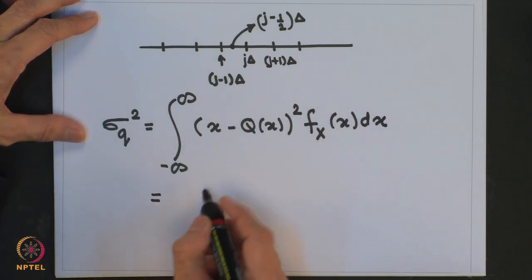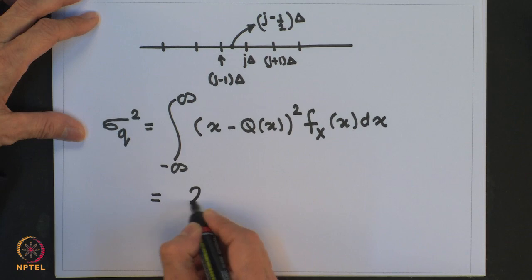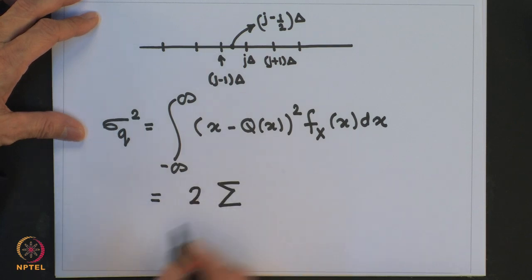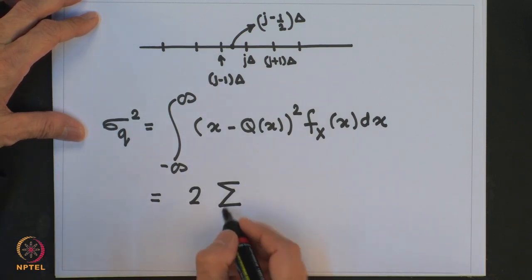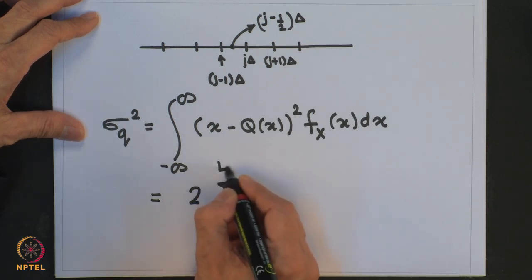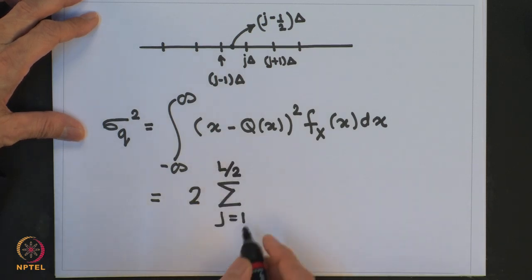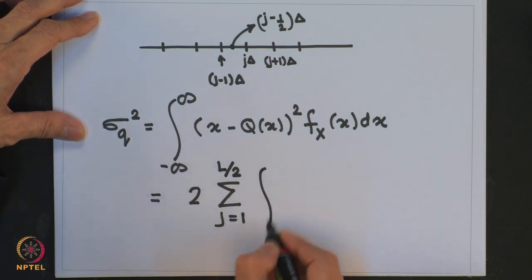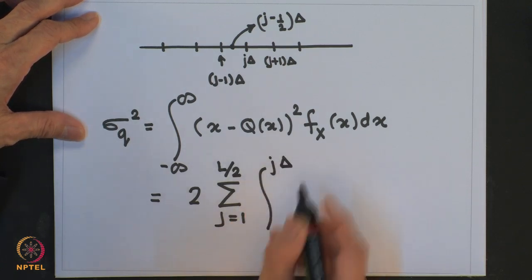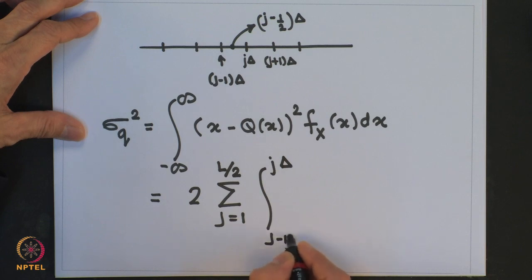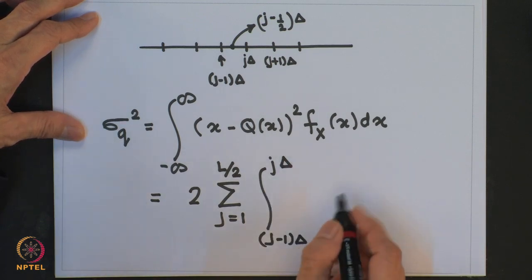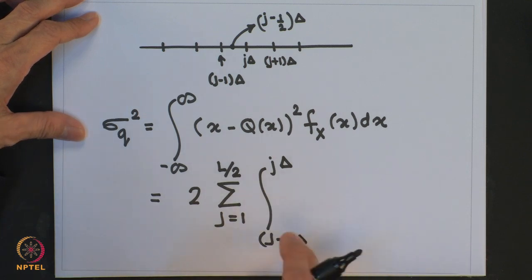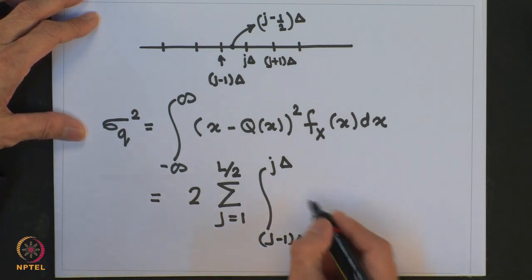We are assuming a mid-rise type of quantizer, so the number of levels will be even, L will be even. The boundaries would be given by these two values for the j-th interval.